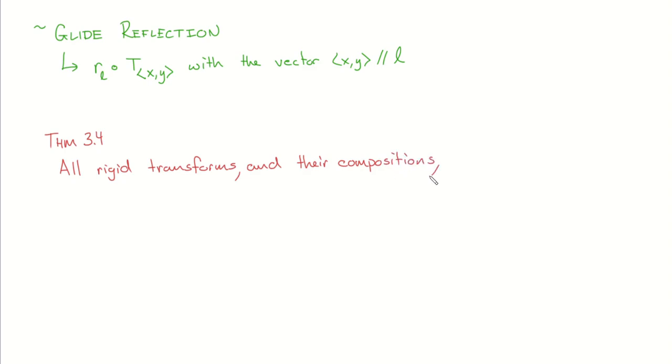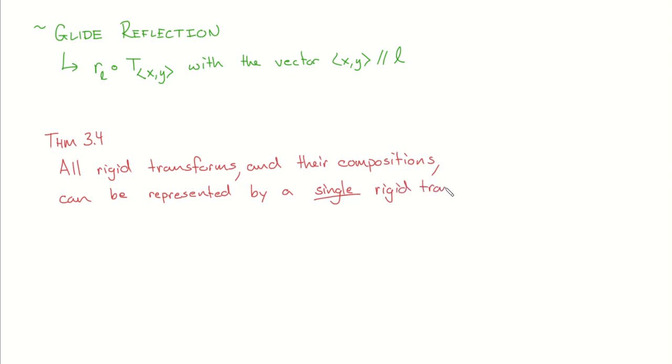So in real, true example terms, if you give me a reflection or a translation or a rotation, or you give me a reflection followed by a rotation followed by a translation, as long as I'm composing them all together, we're okay. Turns out that any of these rigid transforms or rigid motions, isometries, and their compositions can be represented by a single rigid transform.